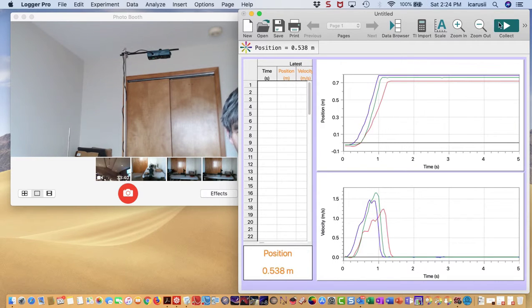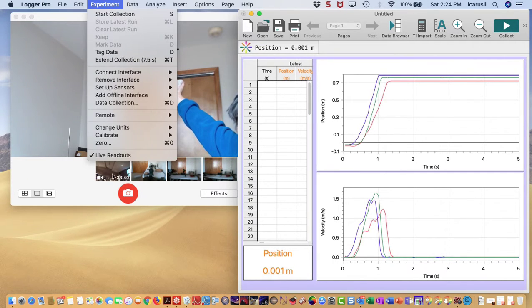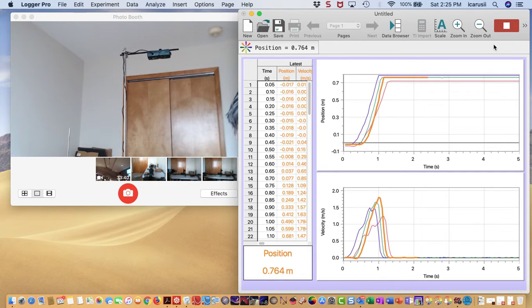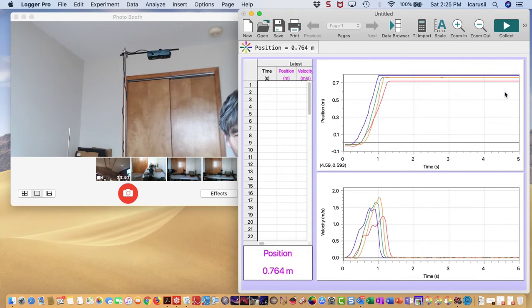Store. That's a little bit better. And then the last one. So I'll save this run. And now I'll do the last one with 5 filters.